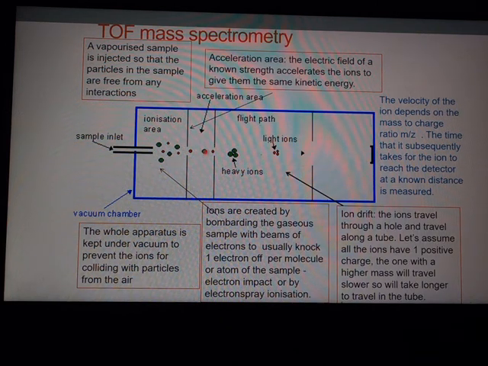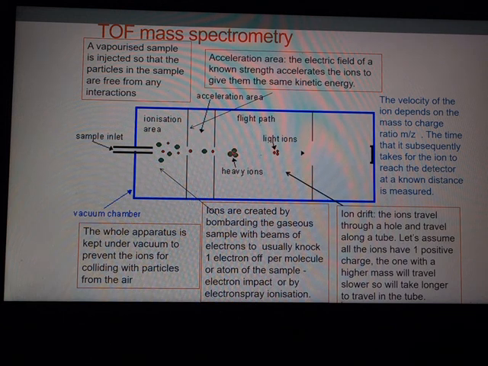And that's very crucial, because as all the ions are accelerated, given the same kinetic energy, then they enter the flight path, so basically where they're allowed to drift, right?